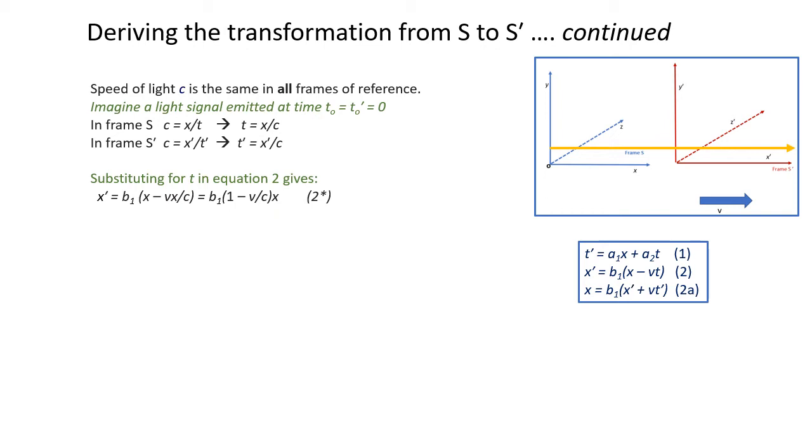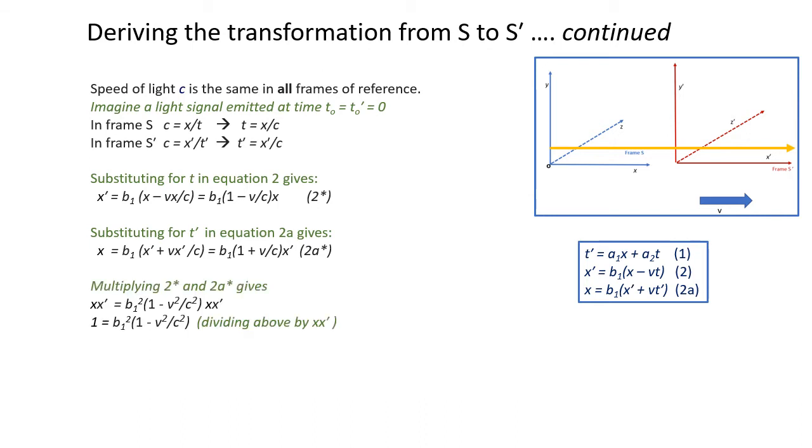Substitute for t' in equation 2a. This gives us x equals b1 into 1 plus v over c x'. So we can multiply these two equations together and it will give us x equals b1 squared into 1 minus v squared over c squared times x.